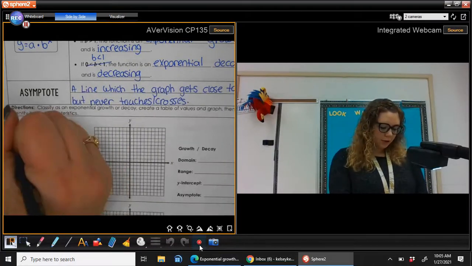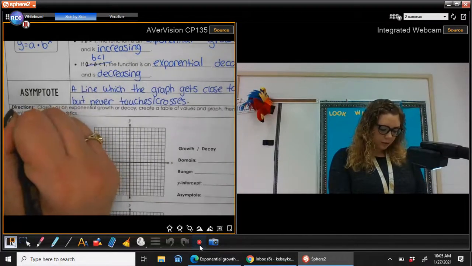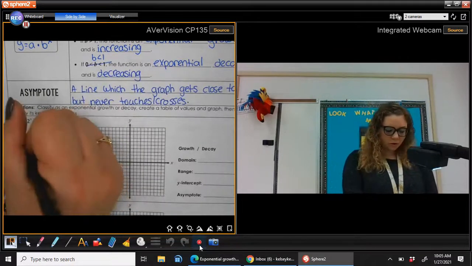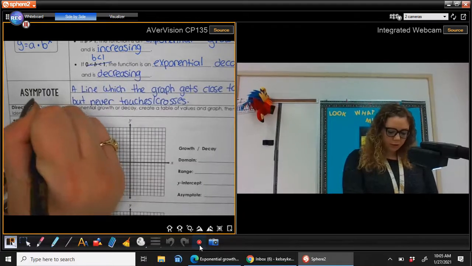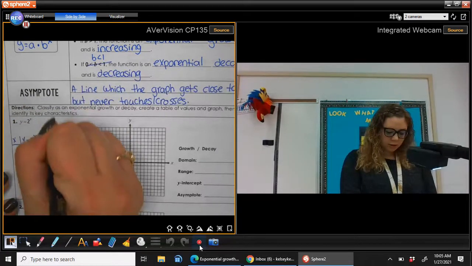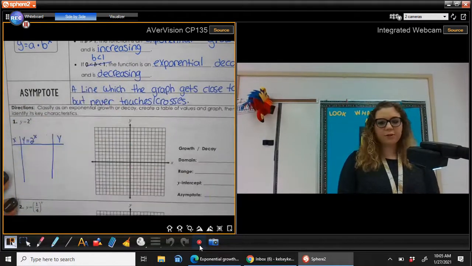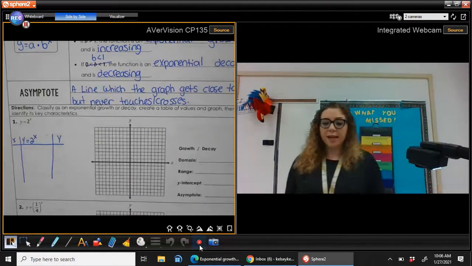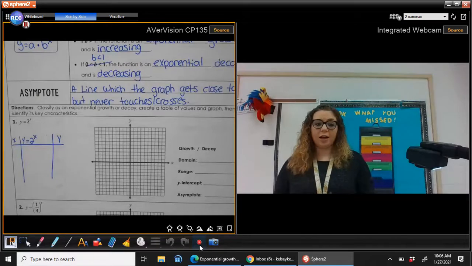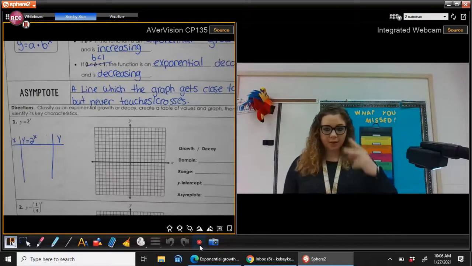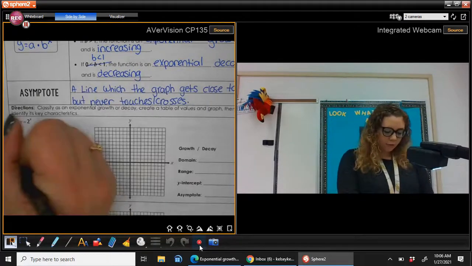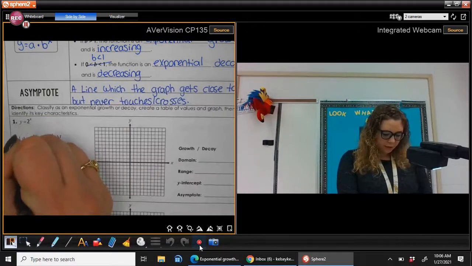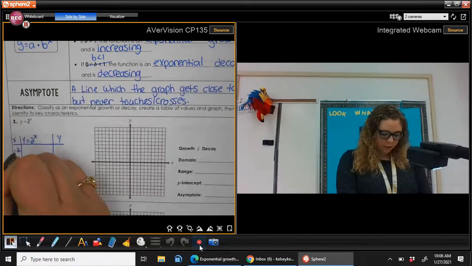I'm going to do x, and my rule, which is y equals 2 to the x, and I'm going to write values. To pick x values, every single time you're going to pick the same x values: 2 negatives, 0, and then 2 positives. So it's always going to be negative 2, negative 1, 0, 1, and 2.